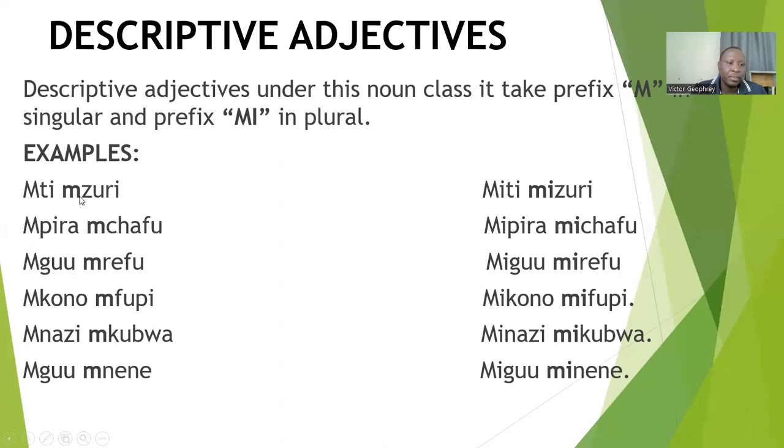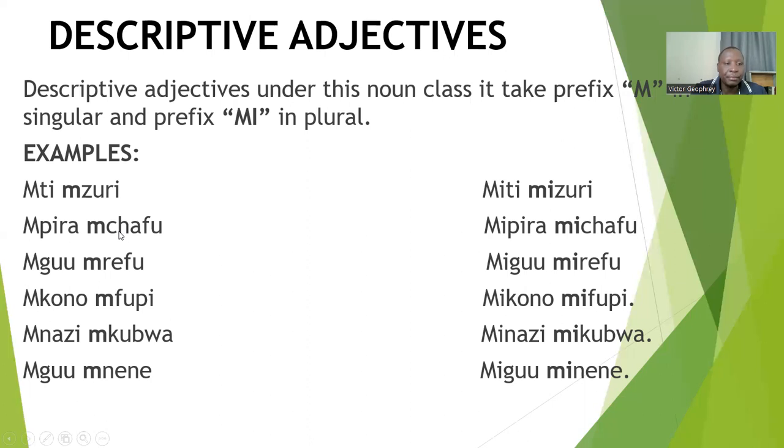Zuri is the root, because it can be mzuri, kizuri, vizuri, so it depends on the noun class. Because of the noun class we are using right now, we add "m" or "mi". So we say mti mzuri, miti mizuri. A good tree, good trees.